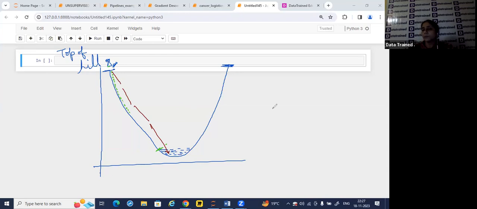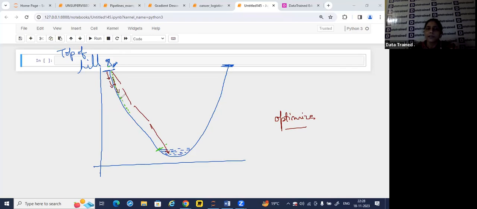I'm giving a term: optimize. Optimize means what would be the optimized way through which this person can reach the target and drink the water. That's all. So the optimized way is here, the person can take optimized steps.